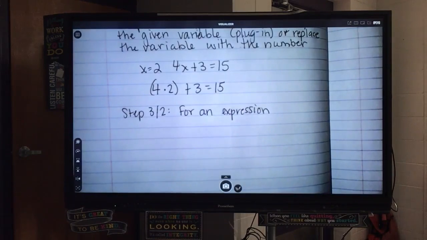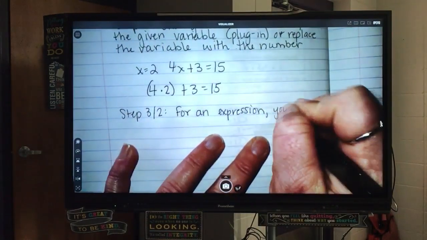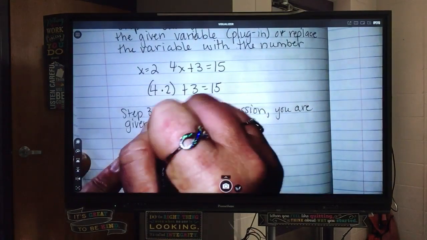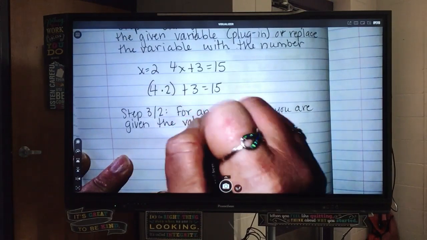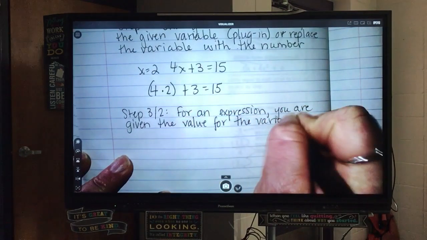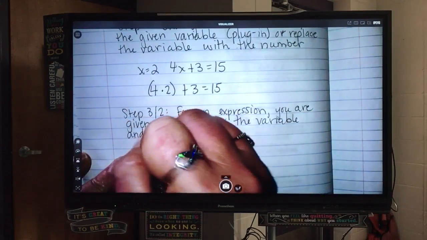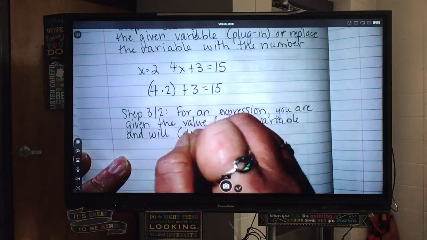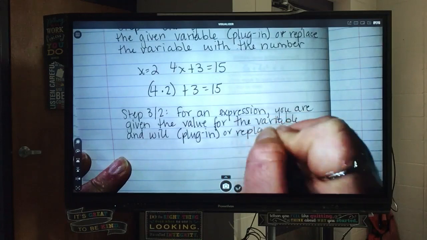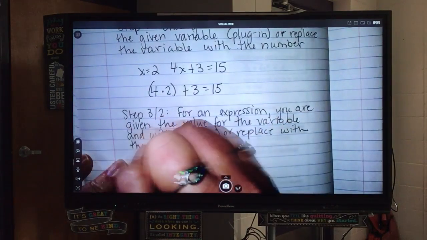Okay. For an expression, you are given the value for the variable and we'll plug in or replace with the number.